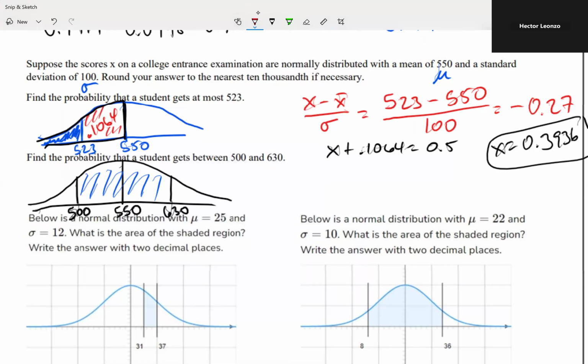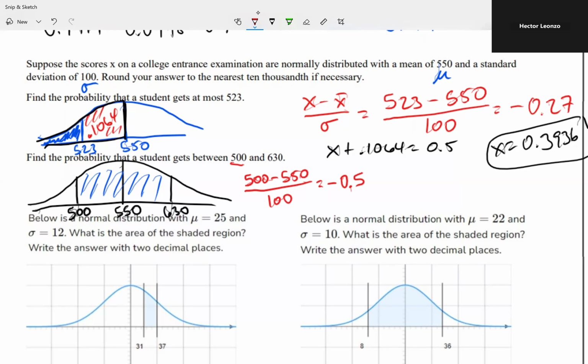Using my first value, 500, my z-score is going to be 500 minus the mean, which is 550, divided by the standard deviation, which we said was 100. So that's going to give me a negative 0.5. Negative means it's to the left of the center.